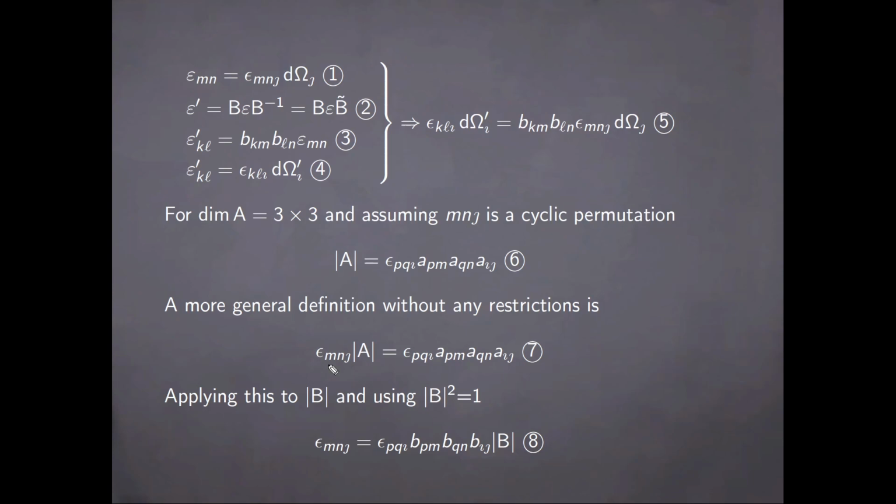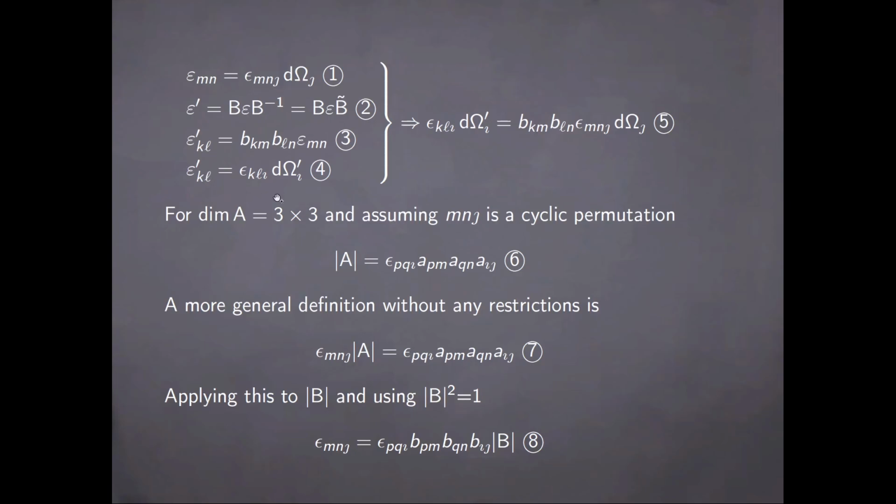Now, if this result is applied to the matrix B and to the determinant of the matrix B, and we remember that B is orthogonal and proper, then by writing this expression for the determinant of B and multiplying with B, we obtain the result here.